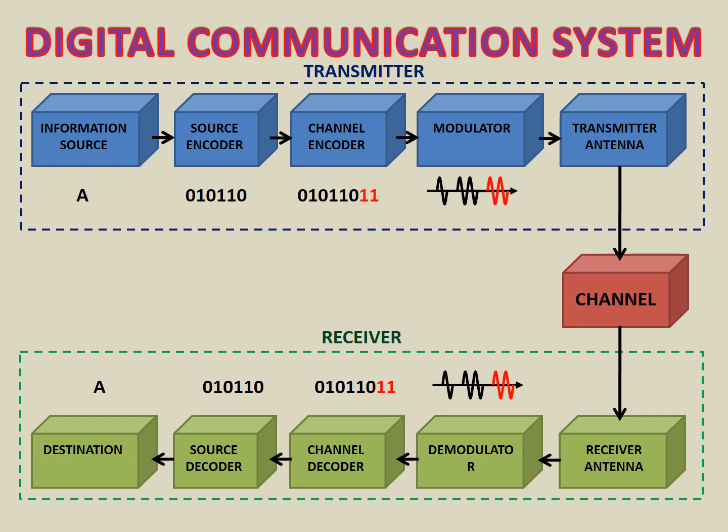Receiver. First of all, the channel gives the transmitted signal to the receiver antenna, which receives the transmitted signal and transfers it to the demodulator.